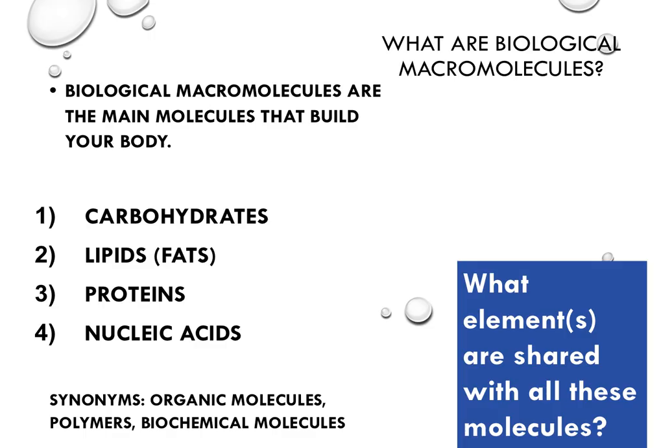Macro meaning big, all right? These are molecules that are not easily passed through the membrane. They have to go through a protein channel. So what are these molecules? Number one is carbohydrates, then we have lipids, fats, proteins, and nucleic acids.